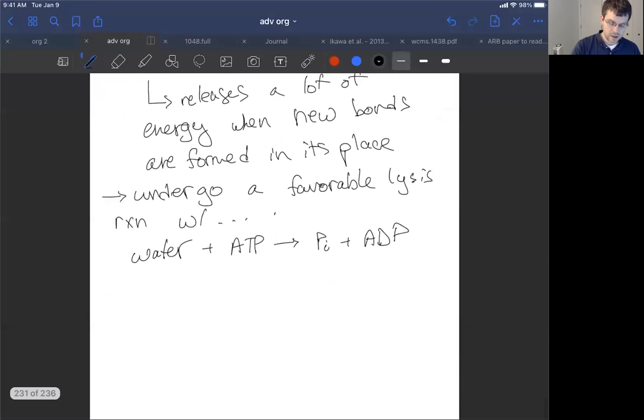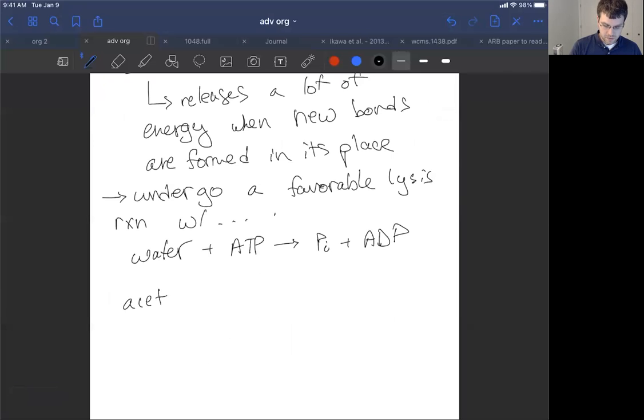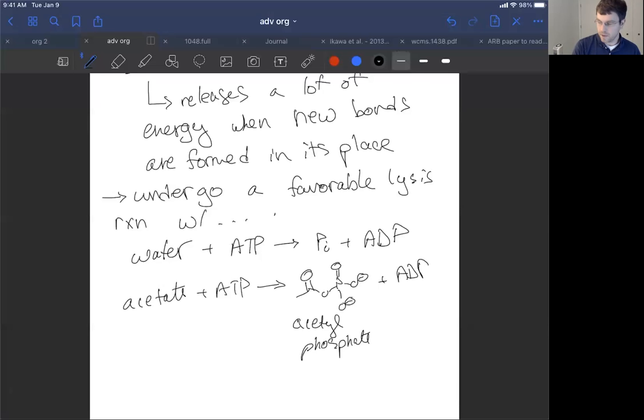Okay. And we'll define what each of these are in a second, or you can react this with acetate and ATP to get an acyl, or acetyl in this case, phosphate plus ADP. Okay. So now let's break this down and look at the actual structures.